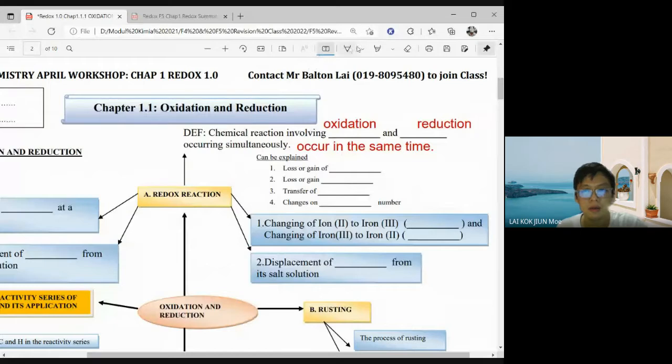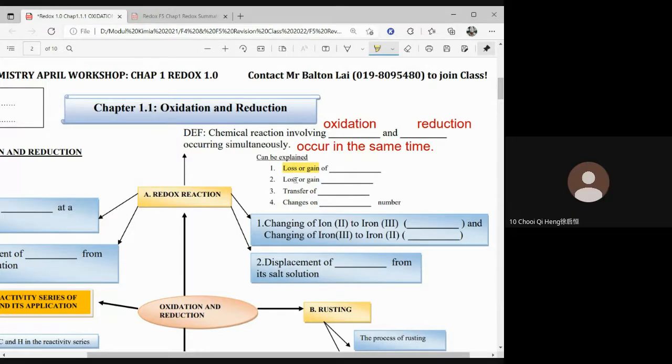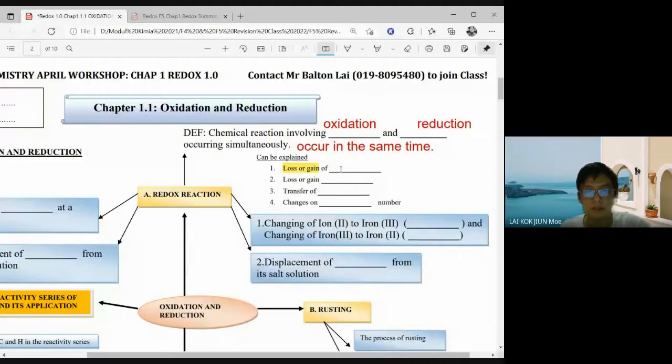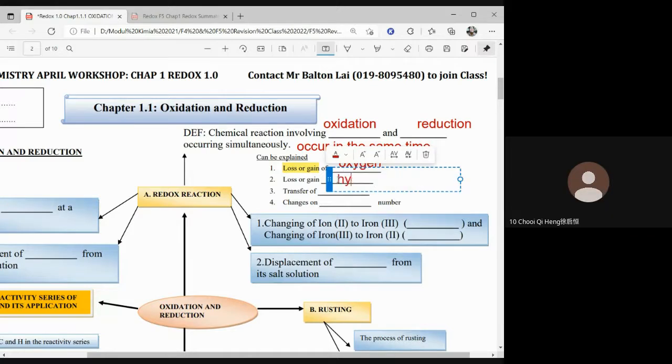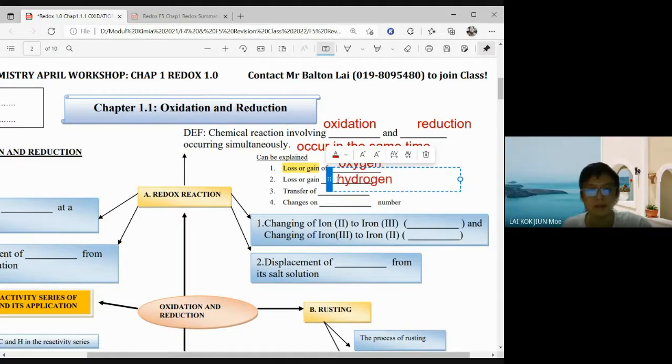Starting from the first one, it can be either loss or gain of what? Oxygen. Very good. To know whether this is a redox, you see whether oxygen is gained or lost. Or we can also observe the loss and gain of hydrogen. This is a very simple way.